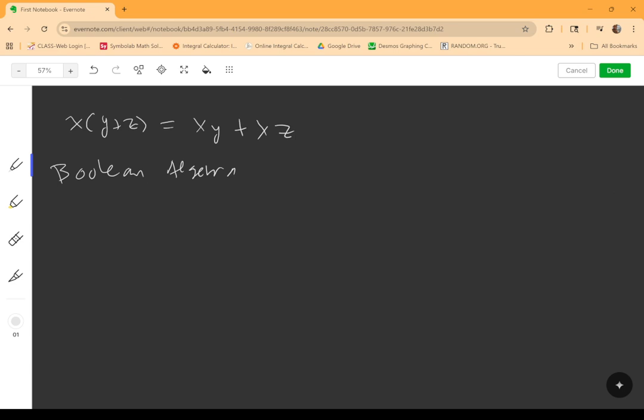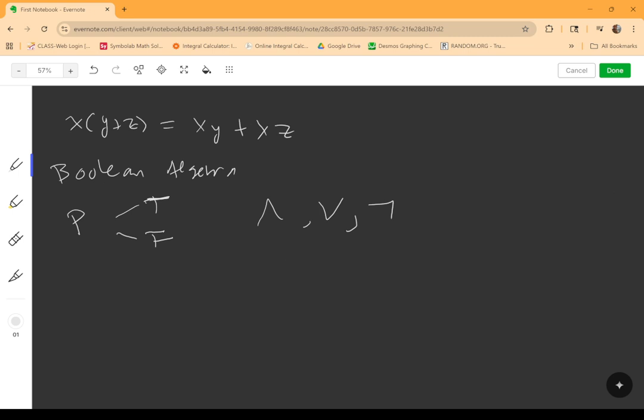So here, when we have, let's say, p, the value can be true or false. And we have operators like and, or, and then the negation operator.